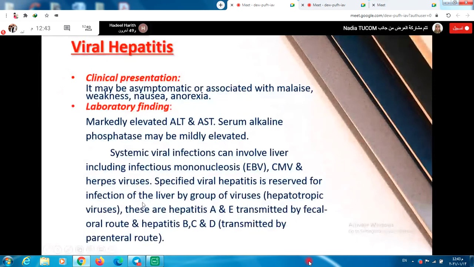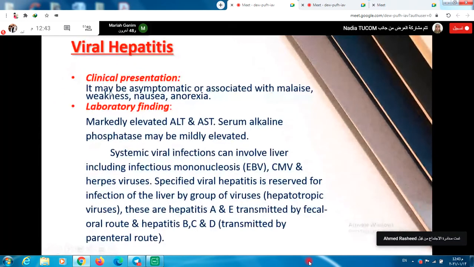These are hepatitis virus A and E, transmitted by the fecal-oral route, and hepatitis B, C, and D, transmitted by parenteral routes, whether blood-induced or vertical transmission from the infected mother to the fetus, and so on.